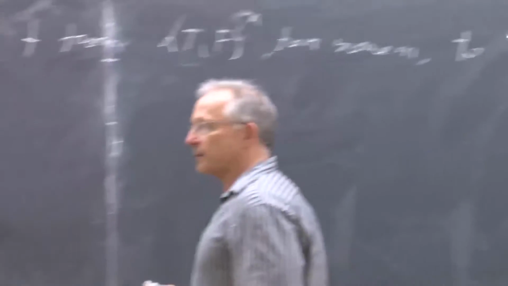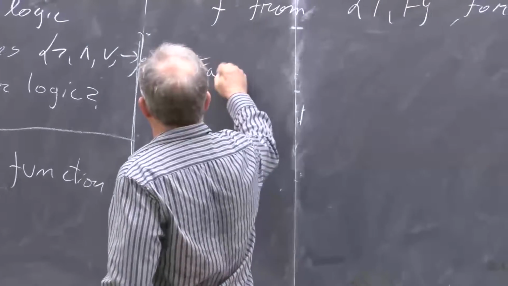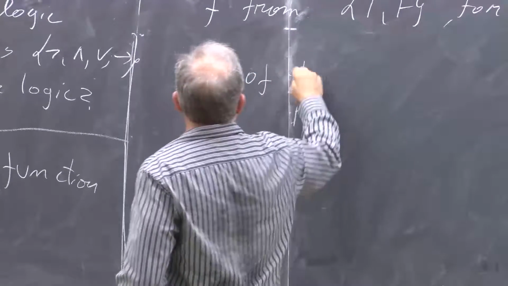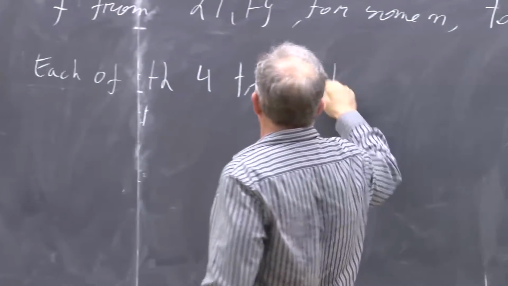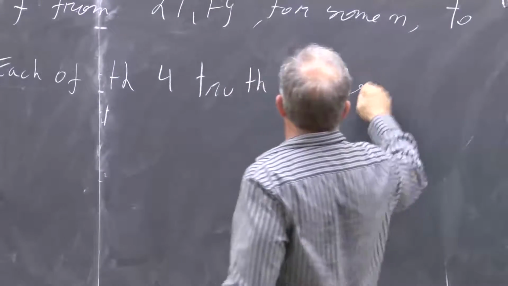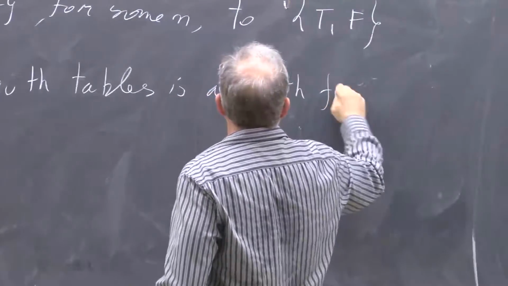So each of the 4 truth tables is a truth functional.